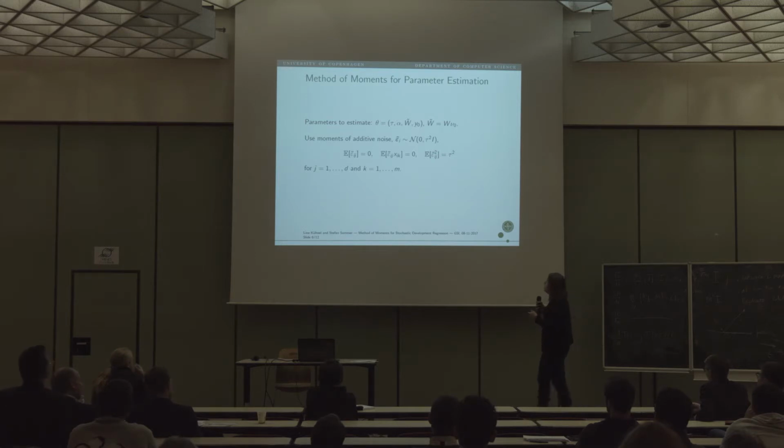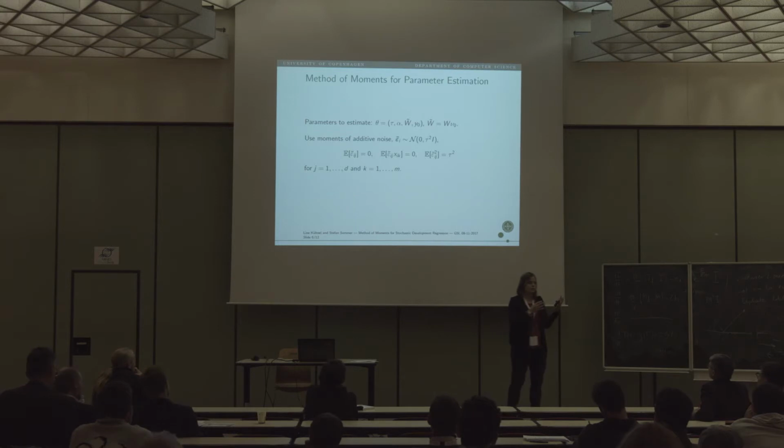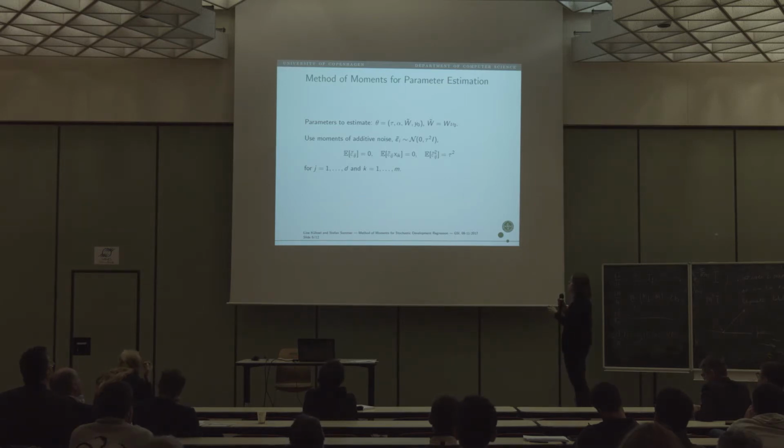And the method of moments is a procedure where you take some moments that you know, and then you match them to the given or some simulated data. So in this case, we have our additive noise, which we know is normally distributed with mean 0 and tau squared variance.